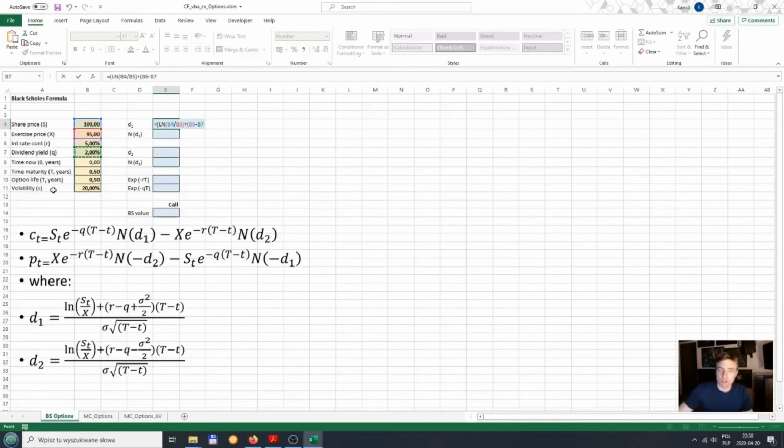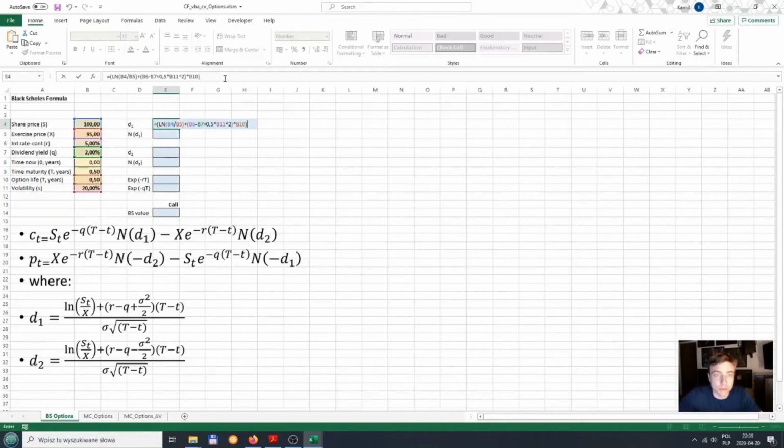So we have interest rate, we have dividend, all in per annum values, and I have also half of my variance, 0.5 times my volatility raised to the second power, which is per annum, so I need to scale it down by option maturity.